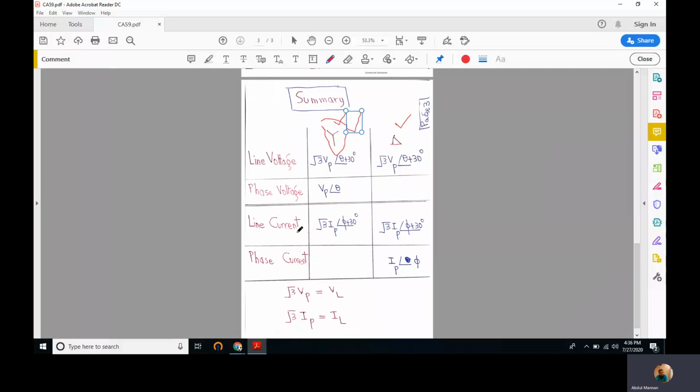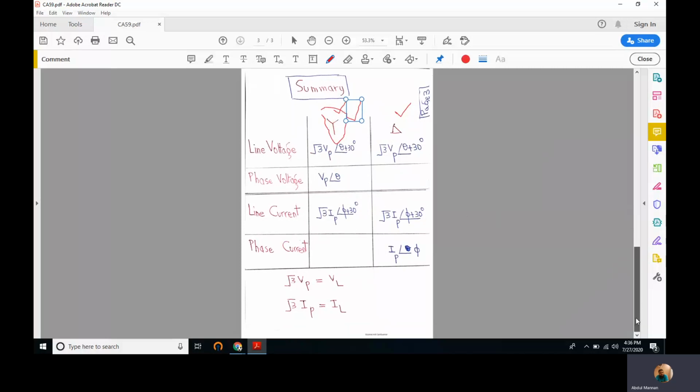What is the difference between line and phase current in delta-connected systems? If IP is the phase current at an angle of phi, the line current would be root 3 times IP at an angle of phi minus 30. Whereas the line current in a Y system is equal to the phase current, it's equivalent to the line current in delta systems.